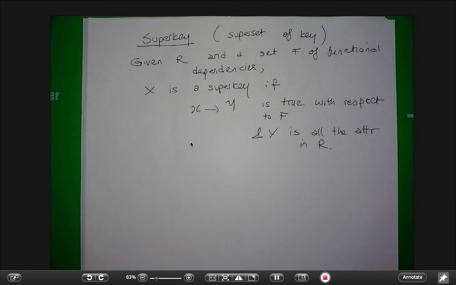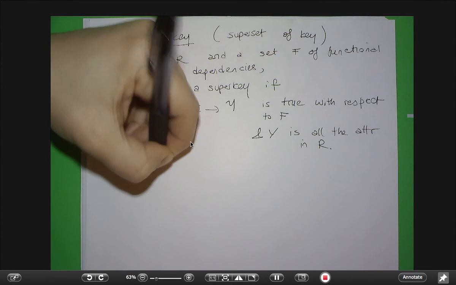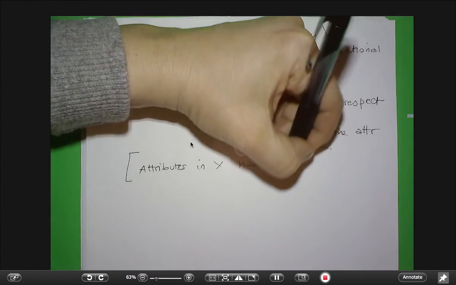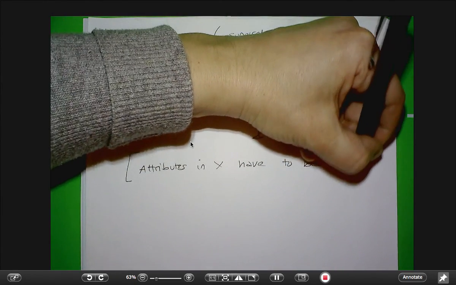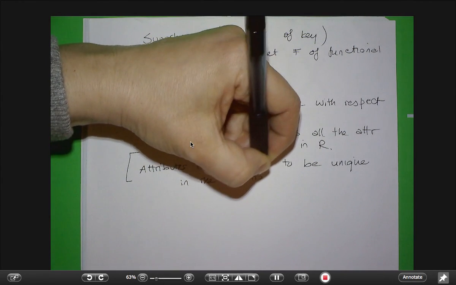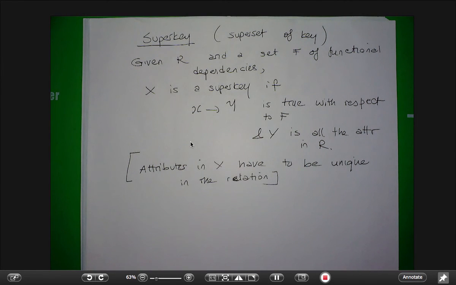If the given set of attributes imply everything else, then it's guaranteed that no two tuples can have different values for attributes in X. Okay? So this basically tells me that attributes in X have to be unique in the relation. Okay? So this is basically the main rule of a key.